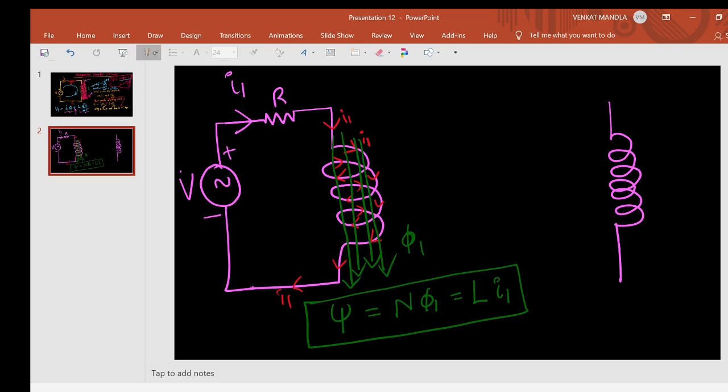Now here I am trying to supply I1. Suddenly some I1 current I'm supplying here. But what does an inductor do? It won't allow this current initially. Why? This is like inertia.